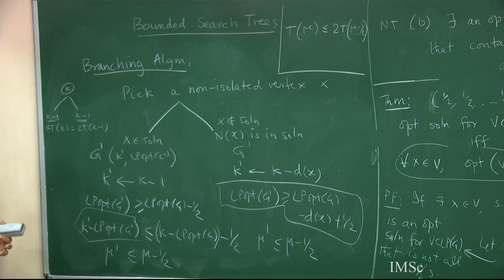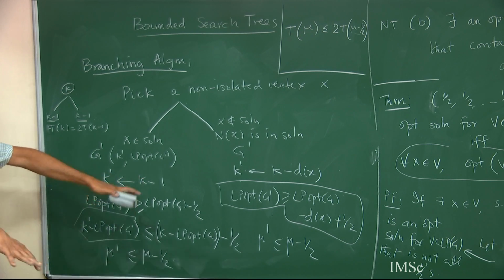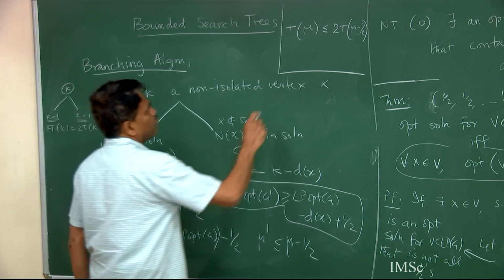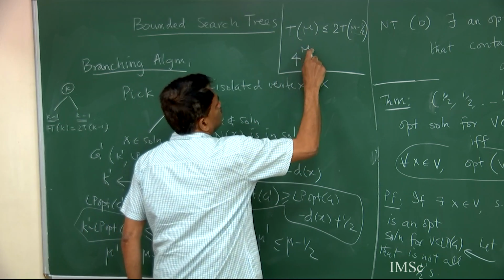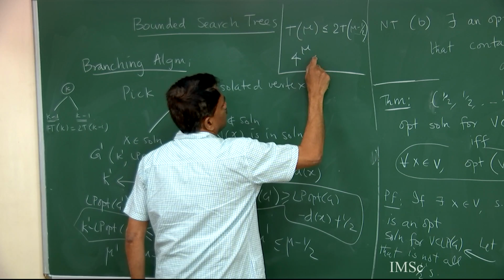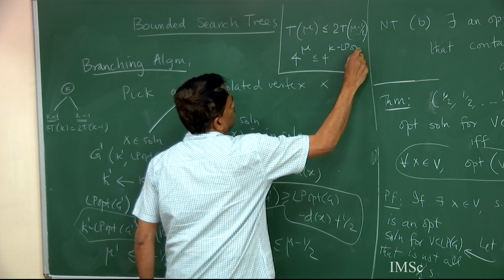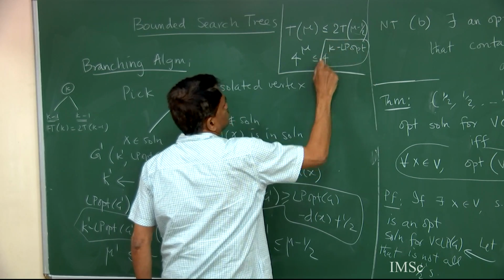Four to the power mu, right, because just one more level you will get 4 times T of mu minus 1. So, this is like 4 power mu, that is, K minus LP opt. Okay, so that is what I wanted to show.